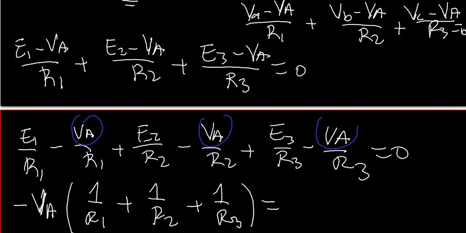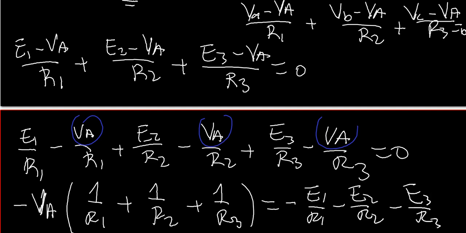All will be equal to, let me take E1 on R1 to the other hand, as well as E2 on R2 and E3 on R3 to the other hand. That will give me negative E1 on R1 minus E2 on R2 minus E3 on R3.